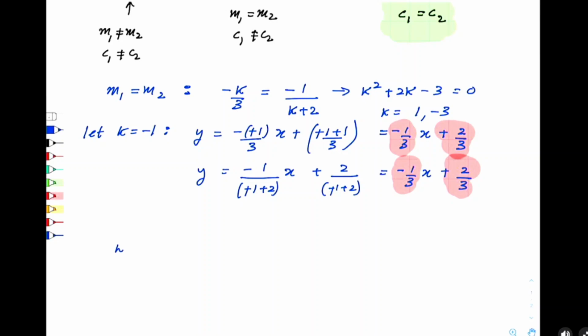So when k is equal to 3, what will happen? Minus 3x divided by 3 plus minus 3 plus 1 divided by 3. Look at my calculation, guys. Let's see whether I'm making any mistake here.